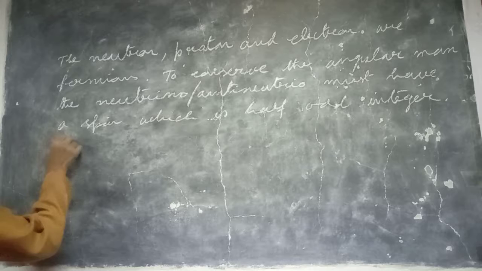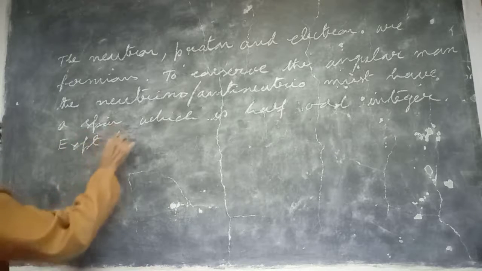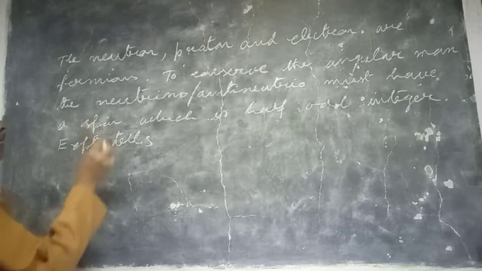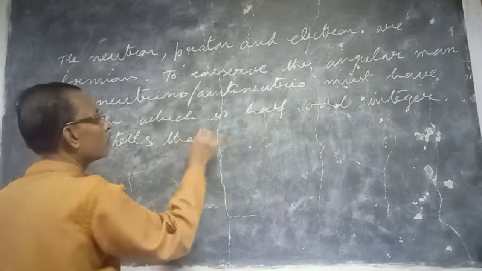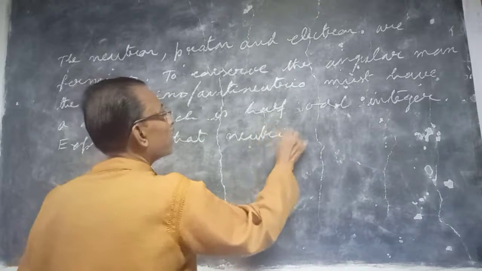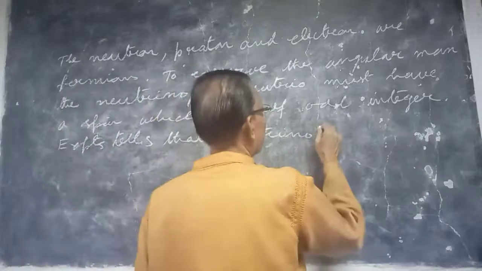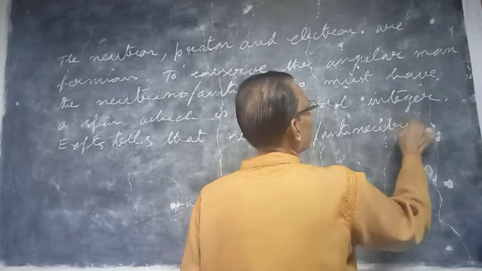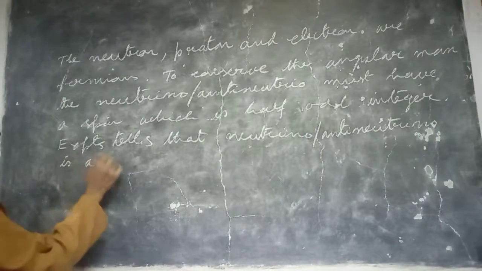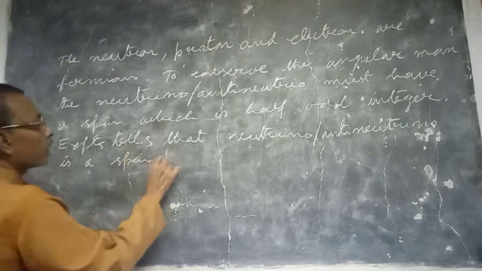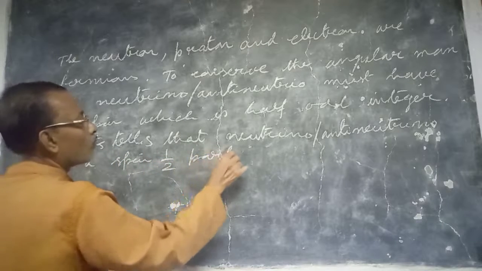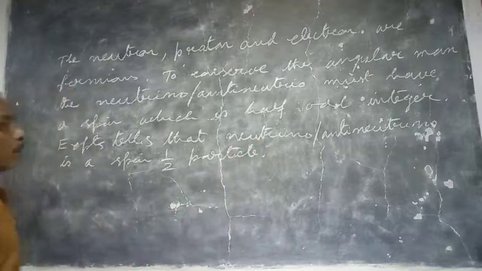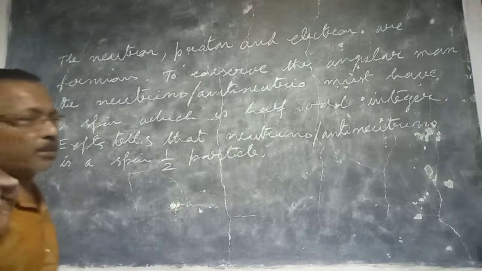Now the experiment tells that the neutrino or antineutrino is a spin half particle. So the neutrino and antineutrino also have spin half.